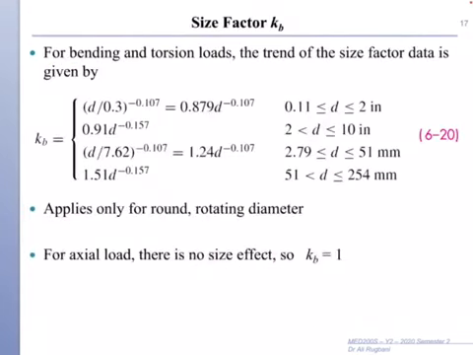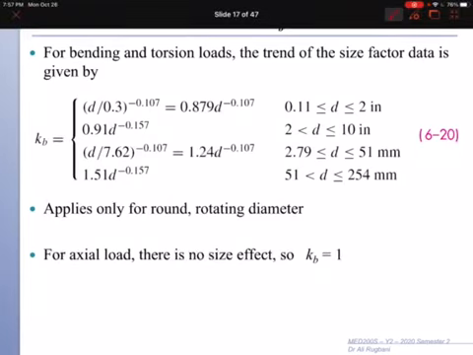The second one is the size factor. Size factor is applied when data is given. Size factor for axial load is 1. There's no size factor for axial load because size in this case will not affect my stress. So Kb in this case is 1.